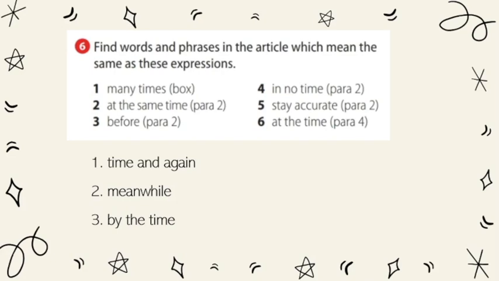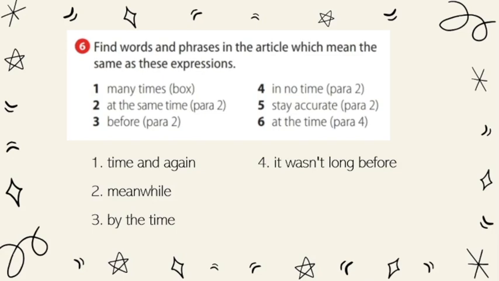Yes. So, 4, in no time. In no time would be, it wasn't long before. So you can say when something happened very fast, very shortly, let's say, my sister ate my ice cream, and I noticed very quickly. It wasn't long before I noticed she had eaten my ice cream.